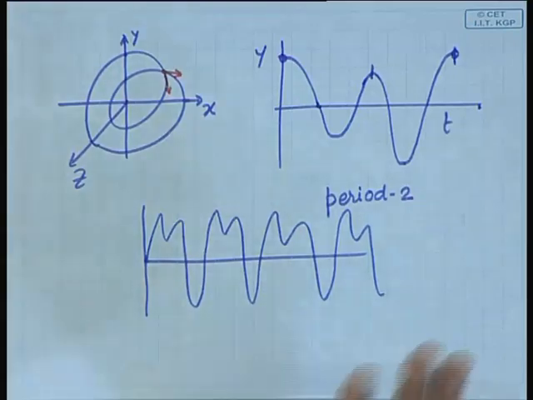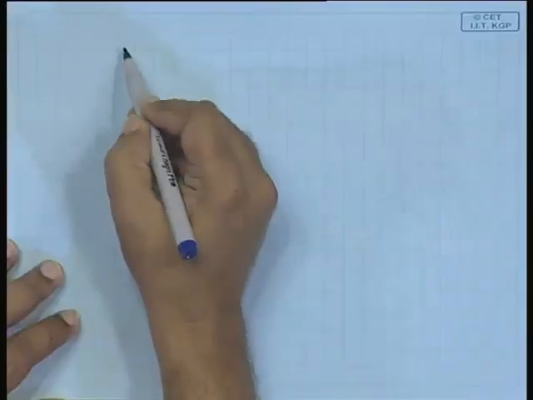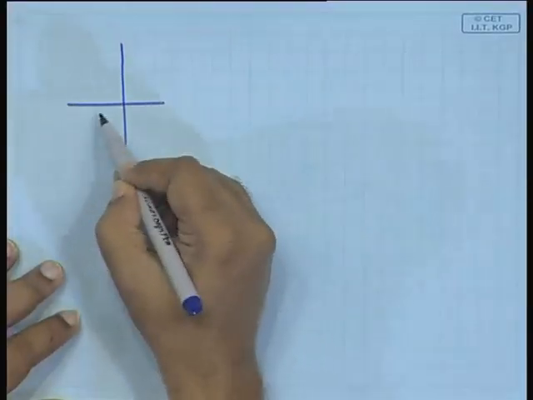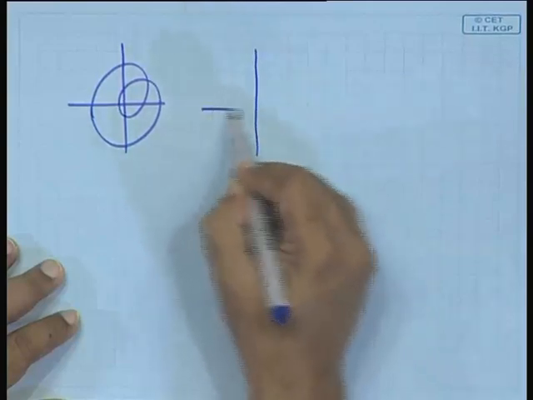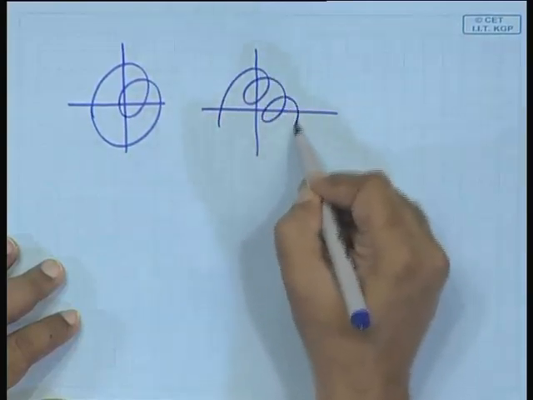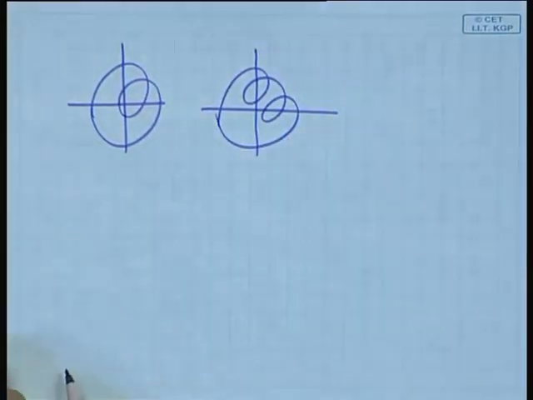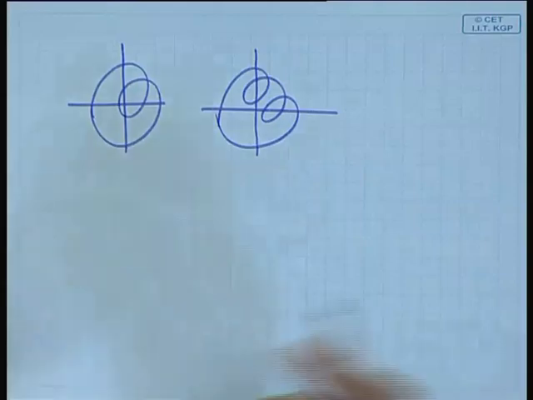So, is the period 2 concept clear? That is what a period 2 is called. Now, if you can have an orbit like this, why not an orbit like this? That is also possible then, right.